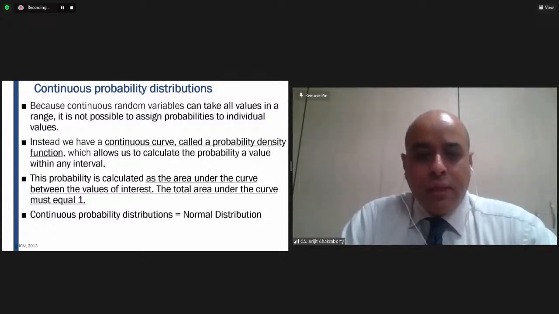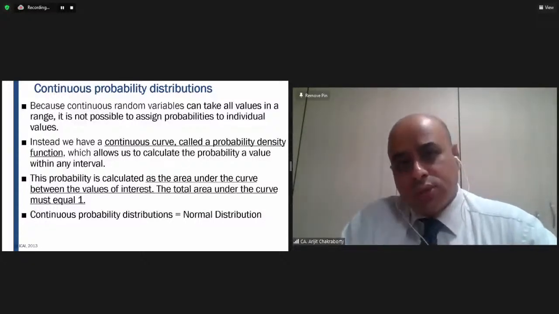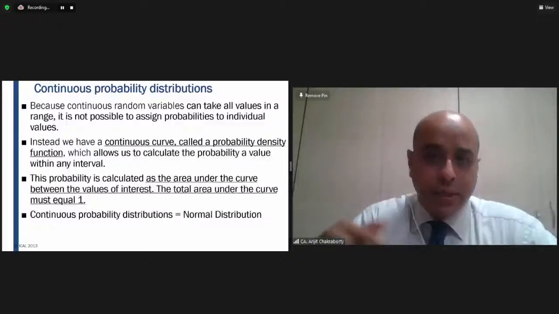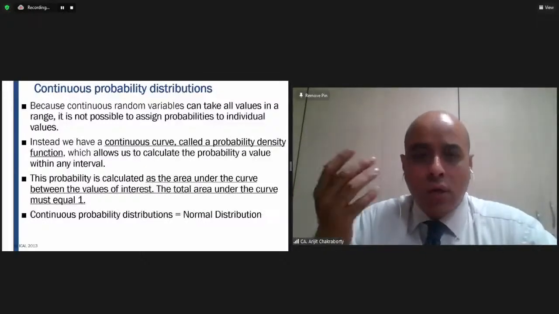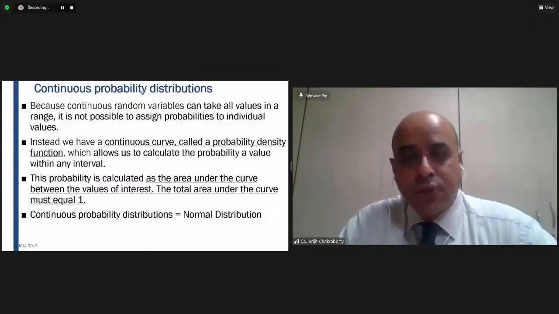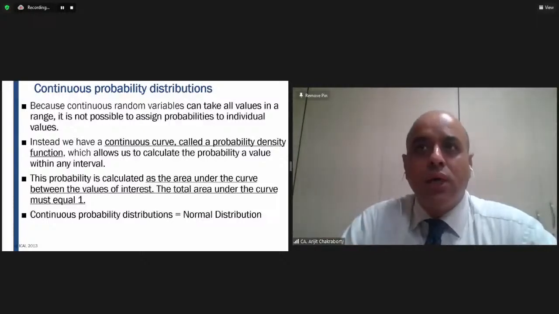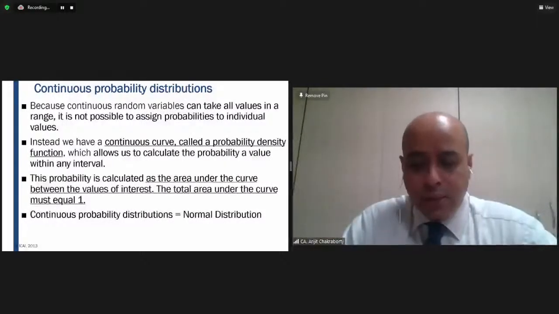An example of continuous probability distribution is normal distribution, and examples of discrete probability distribution are binomial and Poisson distribution, because they deal with discrete variables, and normal distribution deals with continuous variables like height or weight or pressure or temperature, like that.